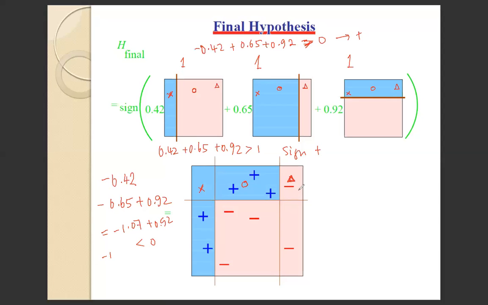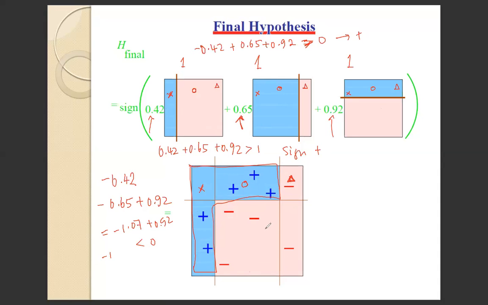So you can see that by combining these 3 weak learners, where you give a confidence value to each of the weak learners, you can actually create a decision boundary that is this rectangular region, right?